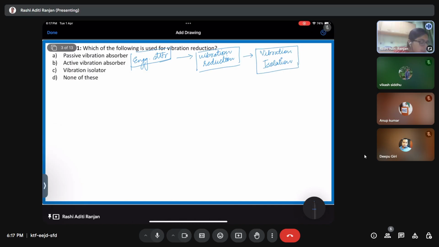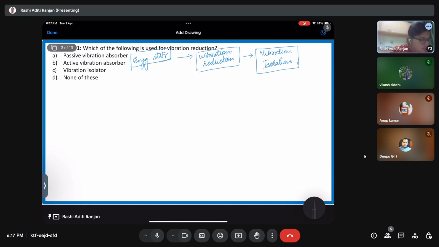Isolation basically refers to where we prevent the transmission of the vibration to any other part of the system or to the ground or anything. So we stop the vibration from transmission.